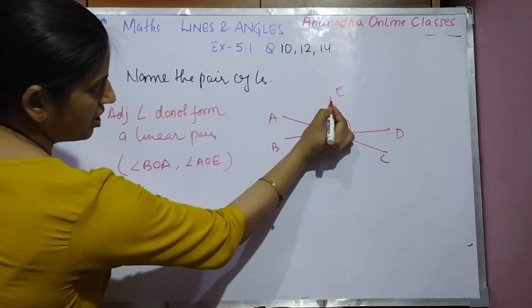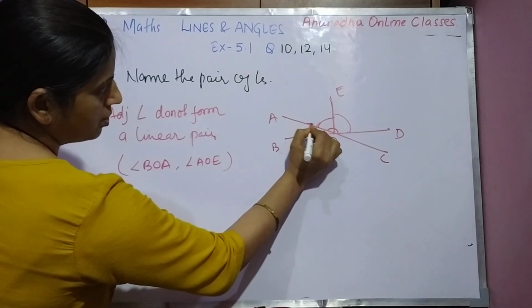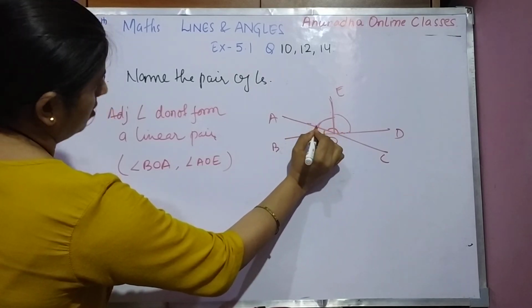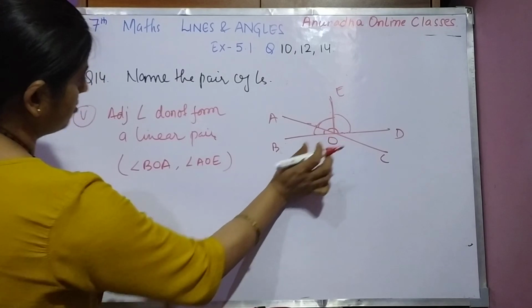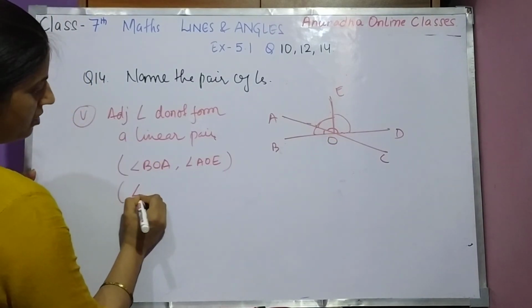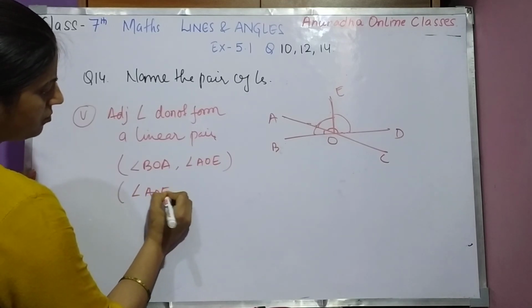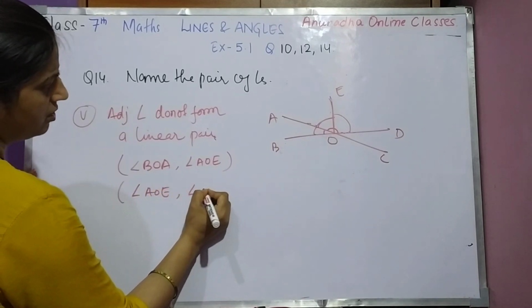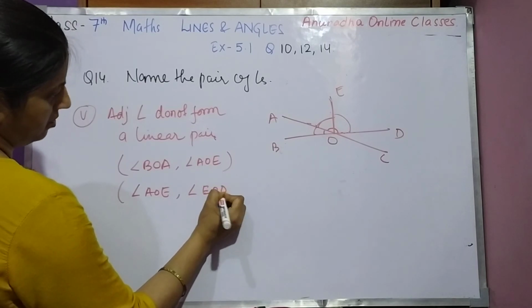These are adjacent, with a common arm and two uncommon arms. So adjacent angles, angle AOE and angle EOD.